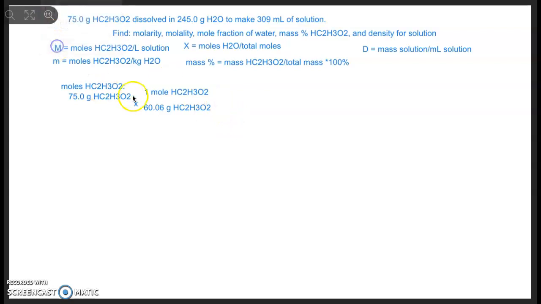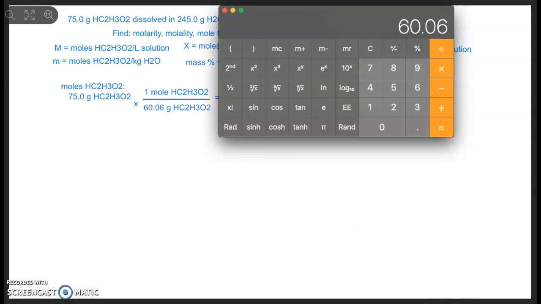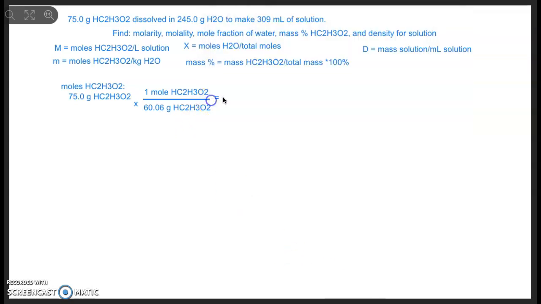That gives me 75.0 divided by 60.06, 1.25 moles of acetic acid.